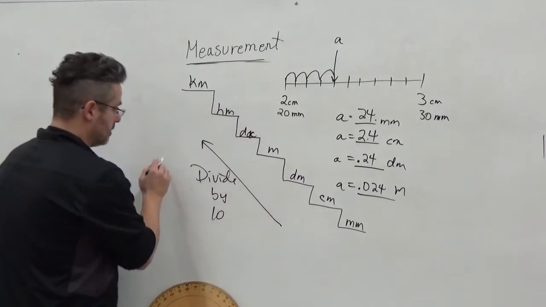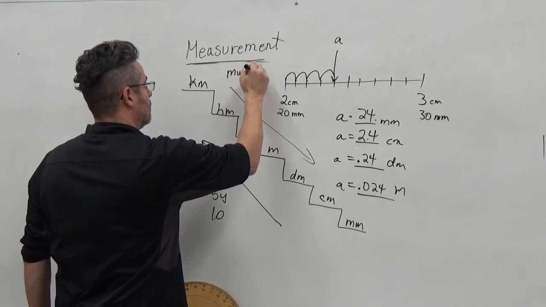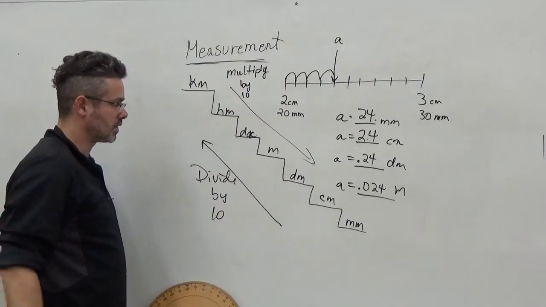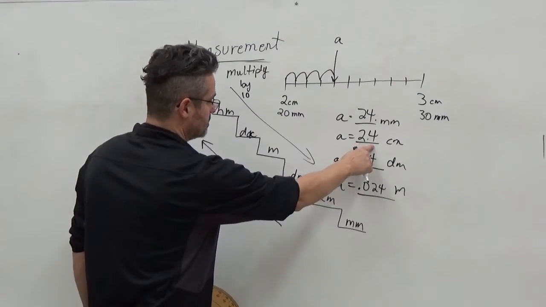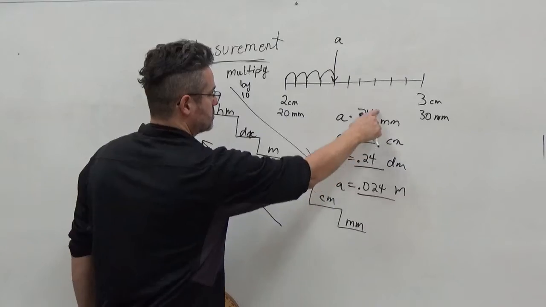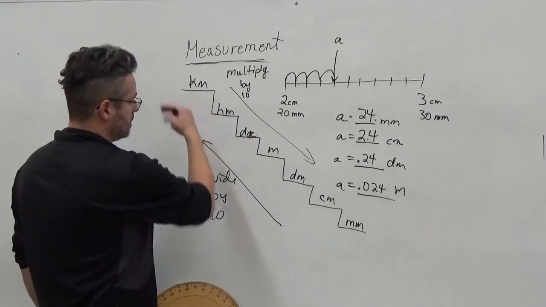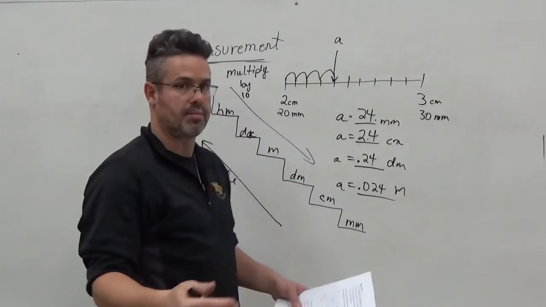And if you're moving down the ladder, you're going to multiply by 10. So if I go from centimeters to millimeters, 2.4 centimeters, I need to times it by 10, that equals 24 millimeters. So moving up the steps, you divide by 10, moving down the steps, you multiply by 10.